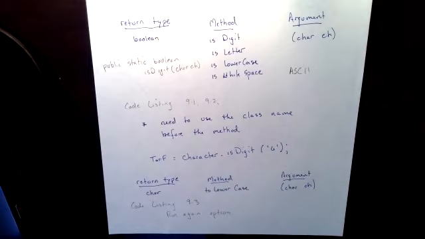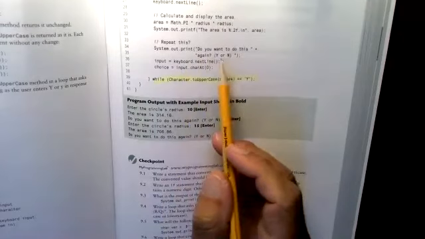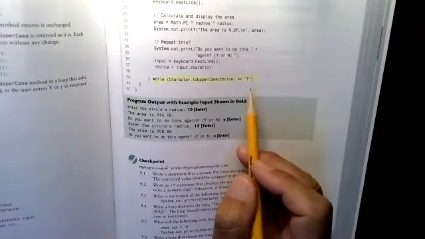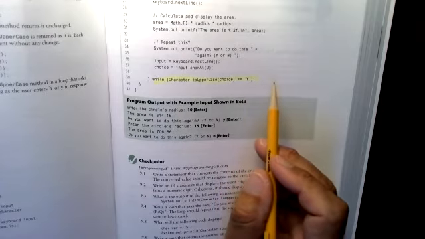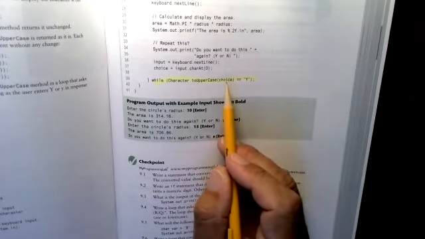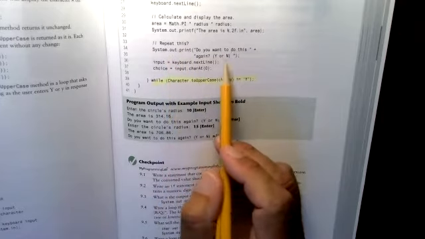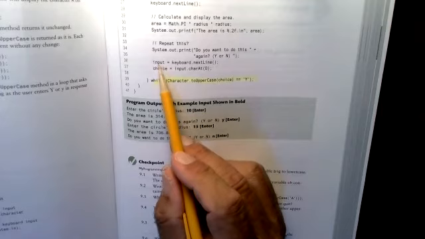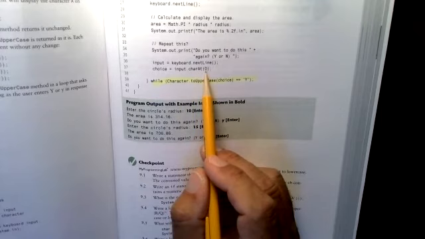Code listing 9.3 was a run again program, and it had something to do with a circle real quick. But you notice when I asked them to enter a Y or an N, instead of checking to see if it's a capital Y or a lowercase y, I'm just going to take that character, which was choice. Looking back here, System dot out, do you want to run this program again? I'm going to input a string. My choice is going to be take that string and do charAt(0).